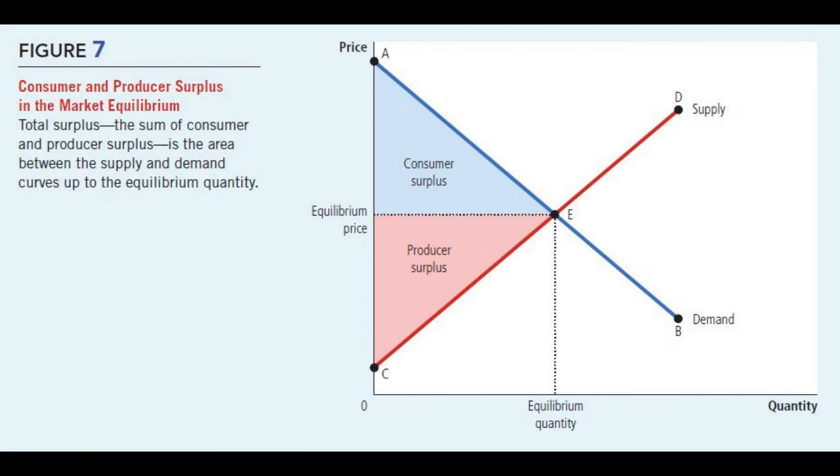It's also possible for essentially the same thing to happen on the producer side, right? So producers have a bottom dollar price that they can sell their good for, quote unquote, at cost, right? But they'd much rather earn a profit, if possible, or at least benefit from the sale.